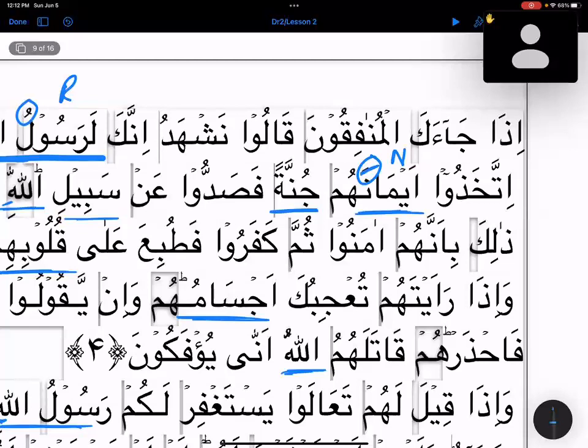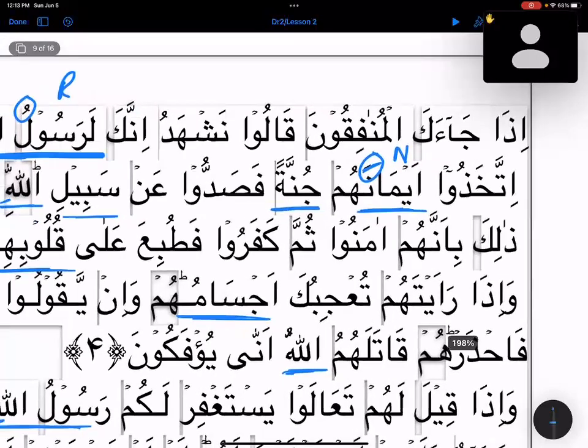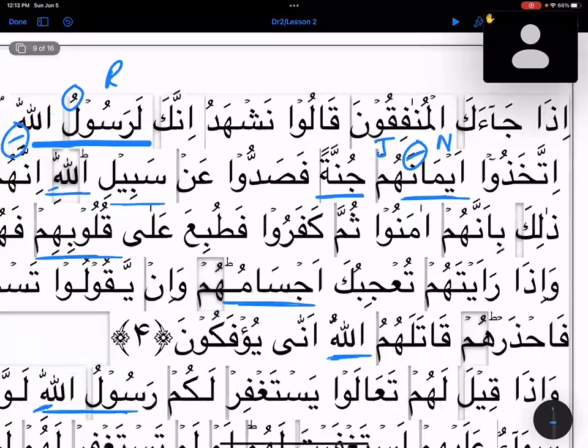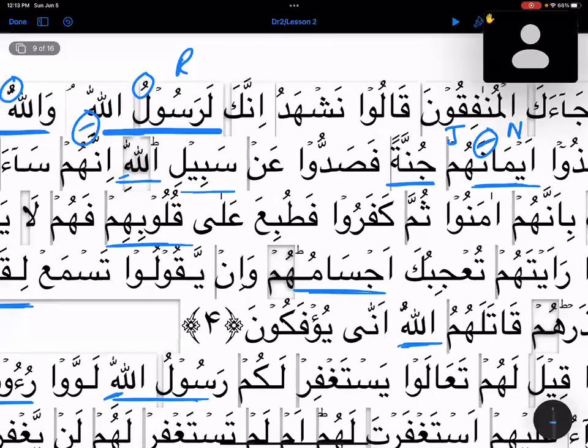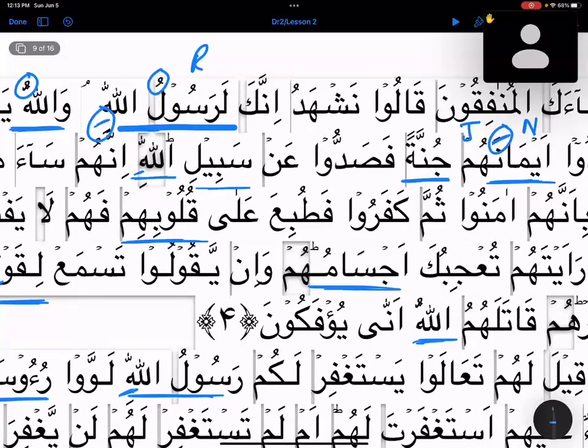Don't say Iman, their oath. So that's why this hum we are going to call jar in status. Now Junnatan is very obvious, two fathas over there. So this is nasab.